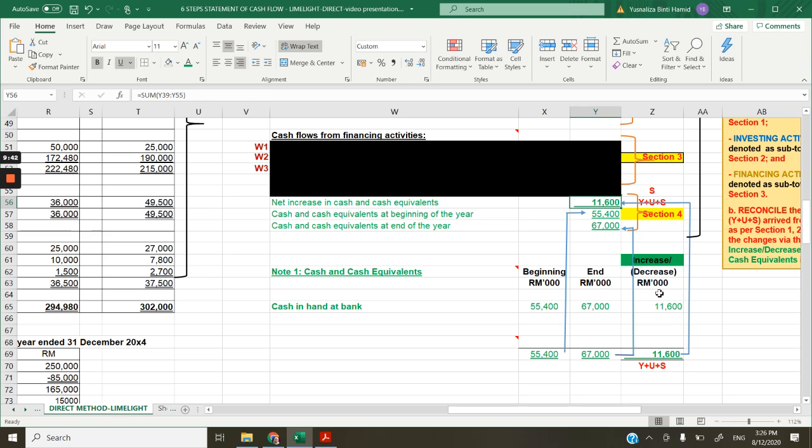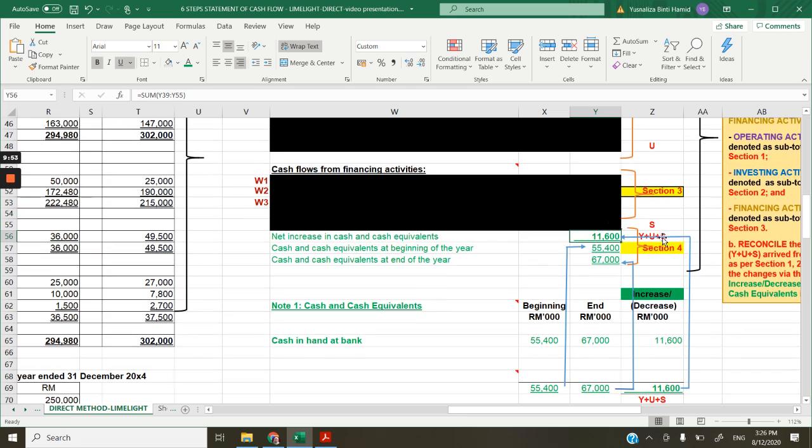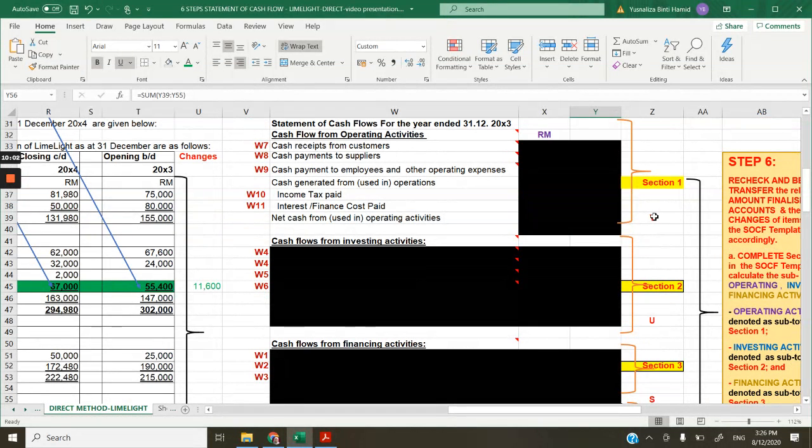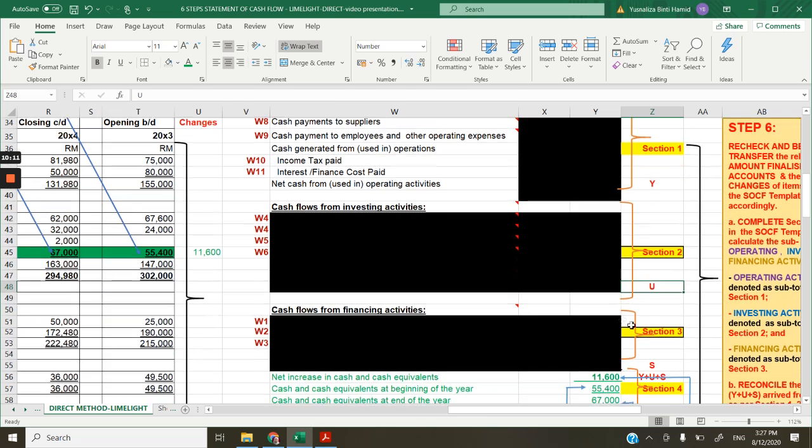And for your information, this is the total from the statement of cash and cash equivalent, section 4, which is at the bottom of it. You have the notes, right? And for your information, the total for the cash flow statement, 11,600, will also be the total that will come from the combination of total from operating activities, total from investing activities, and total from financing activities.